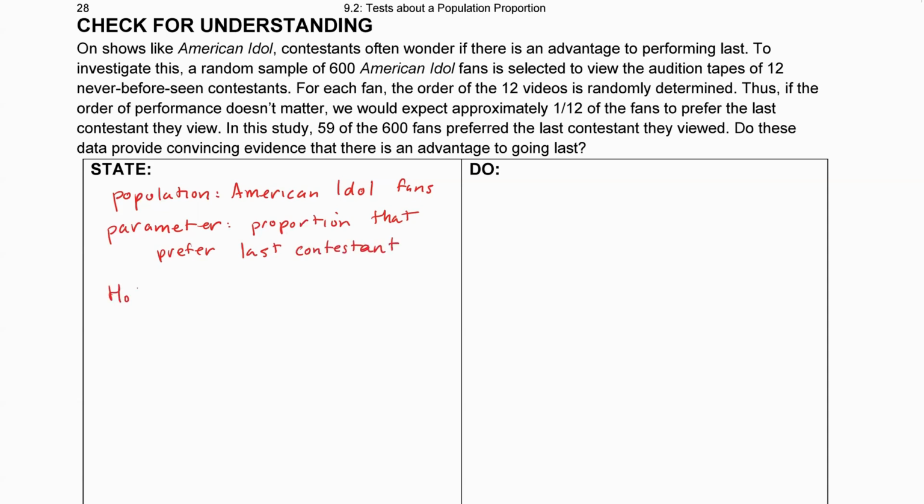Our H0 claim is nothing special is going on, and that is the proportion that prefer the last contestant is 1/12. Our HA claim is that going last provides advantage, so the proportion would be greater than 1/12. And because they didn't give us an alpha value, we're going to use the standard alpha value of 0.05.